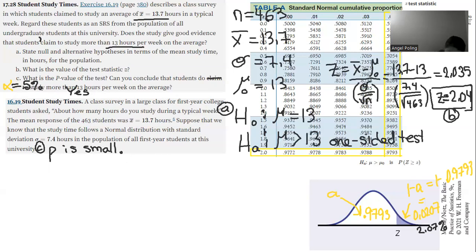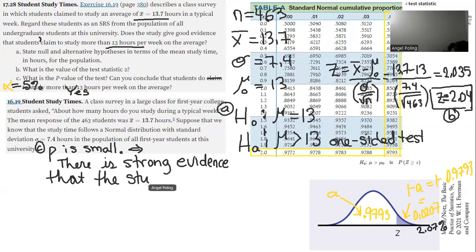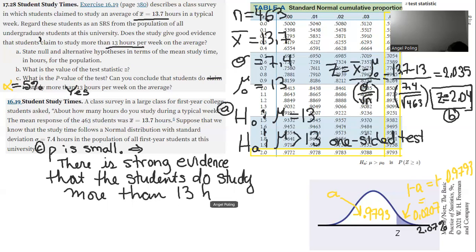P is small, so it follows that there is strong evidence that the students do study more than 13 hours per week on average.